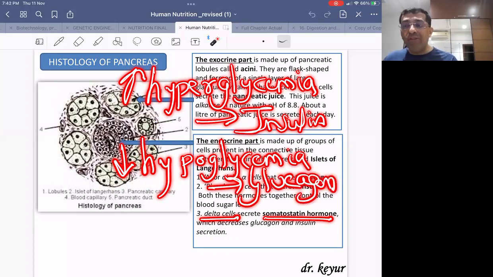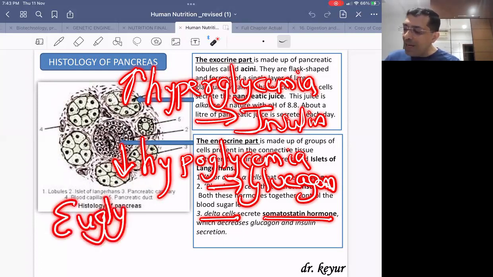And if you're having normal blood sugar level, between 80 to 120 milligrams per deciliter, blood test karte hai, which is normal sugar level, which is called euglycemia. अगर euglycemia है, तो आपको neither insulin की जरूरत है, न glucagon की जरूरत है.